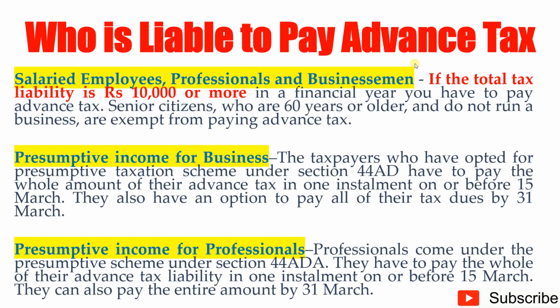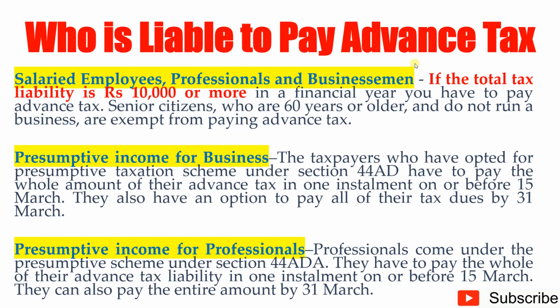So the salaried employees, professionals and businessmen whose tax liability, when we assess it, is rupees 10,000 or more, then they have to make advance income tax payments as per the due dates fixed by the income tax department.